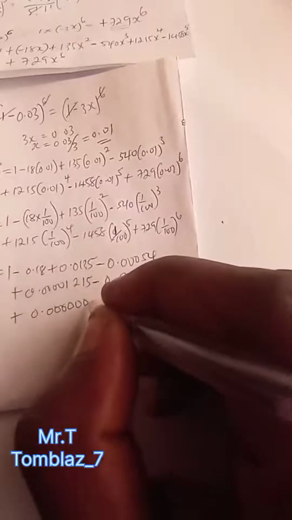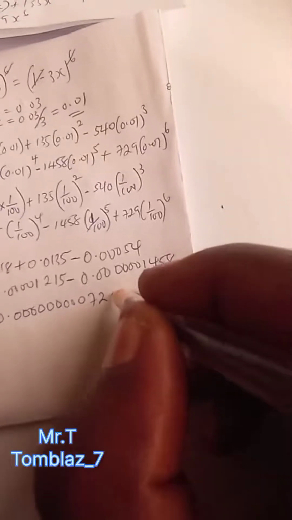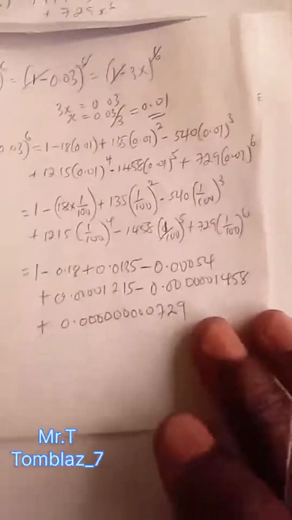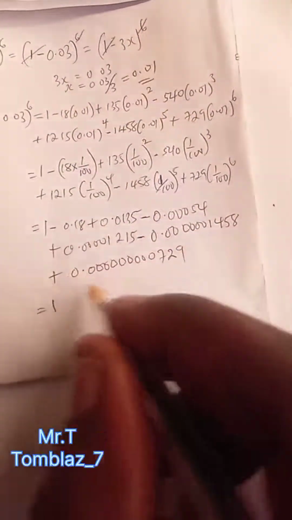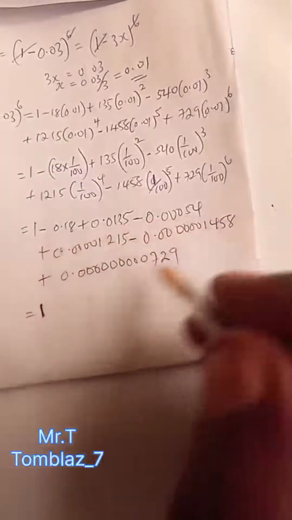Okay, this is going to give us 1 2 3 4 5 6 7 8 9. Then 729. All right, so the next thing we're going to do now, we'll keep this one and add up all these values.